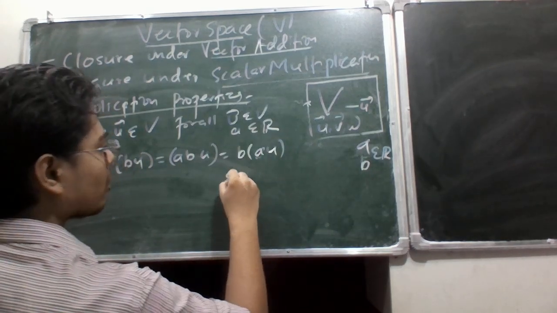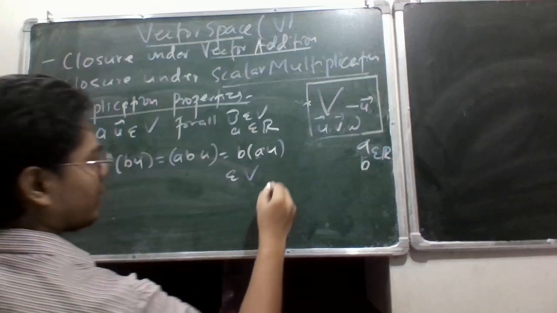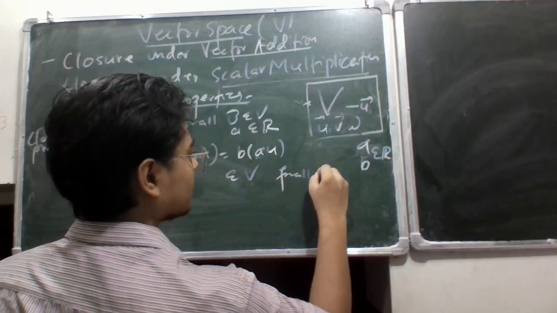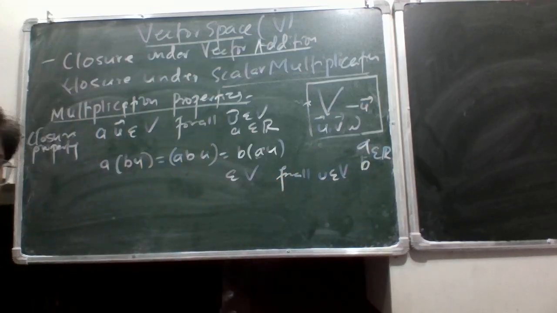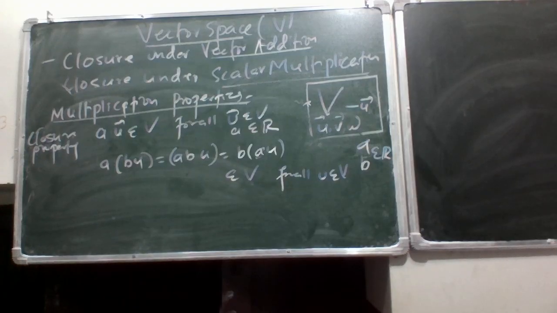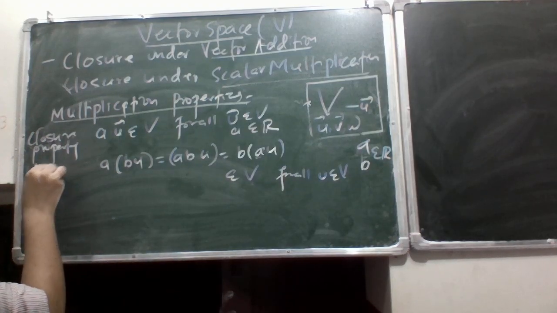These all belong to V if u belongs to V. This is called associative property.